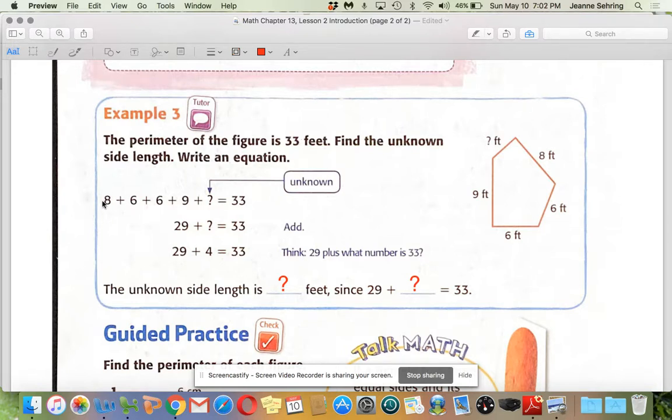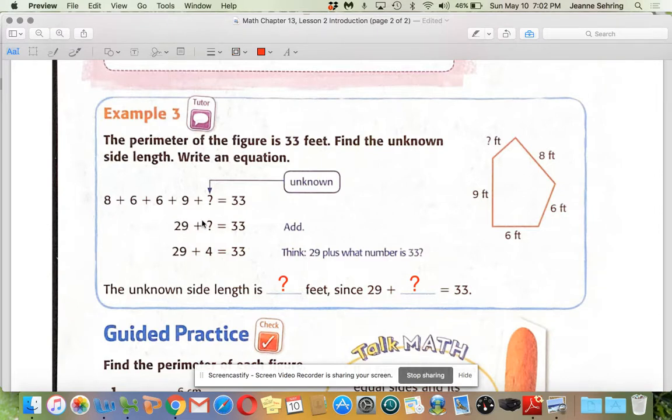Well, they added the 4 sides that we do know. This is the unknown, right? So 8 plus 6 is 14, plus 6 is 20, plus 9 is 29. Plus the unknown equals 33. So 29 is the number that we already have added together.